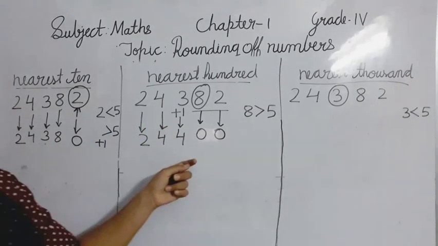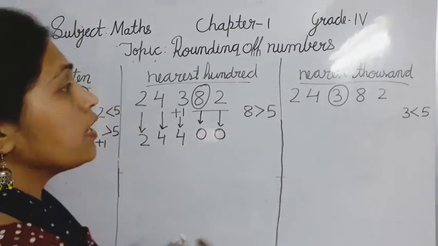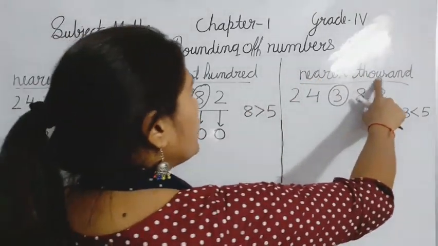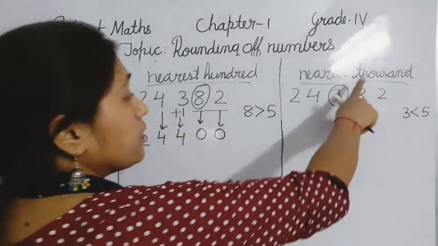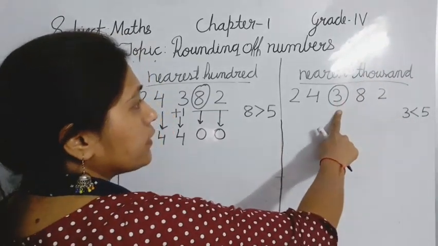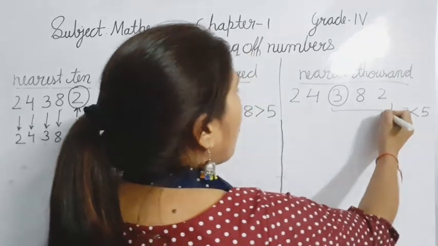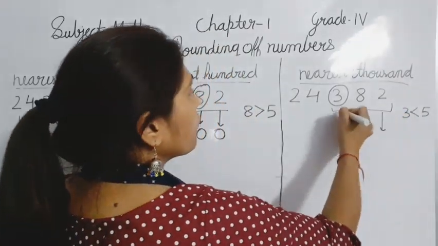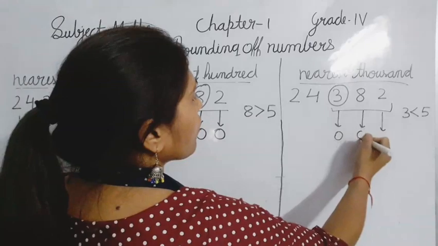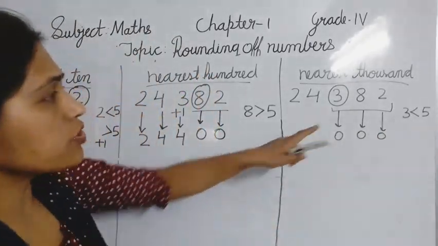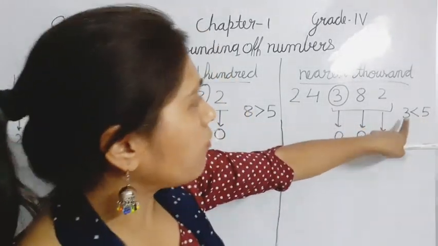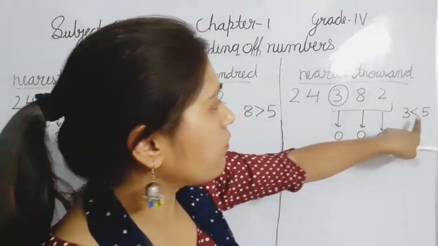Okay, now the same number nearest to the 1000. When we are rounding off nearest to the 1000, we have to check the 100 place. Till 100 we have to convert all the digits into 0. Now check, it is less than 5. Yes, 3 is less than 5.